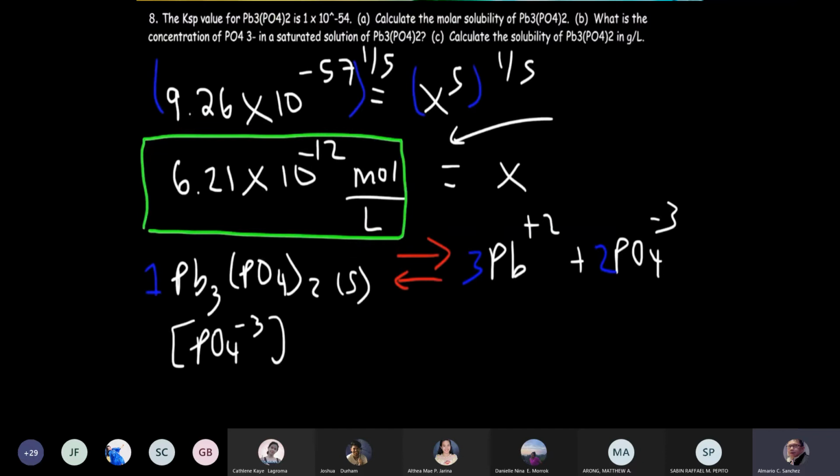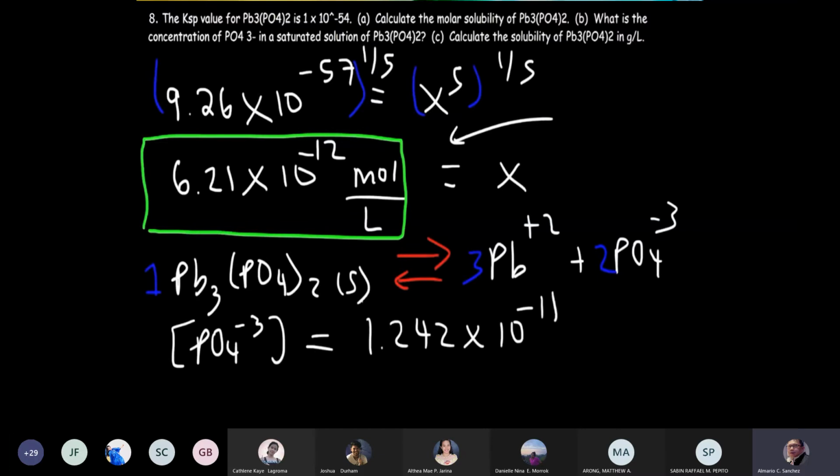So it's going to be 6.21 times 10 to the negative 12 times 2, and so the phosphate concentration is 1.242 times 10 to the negative 11.